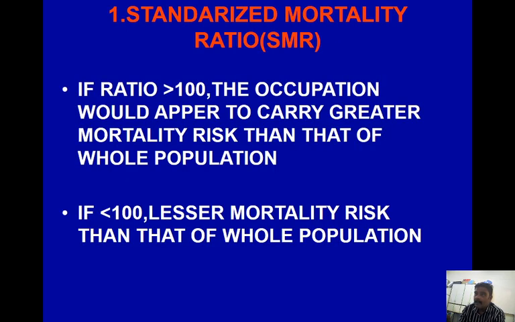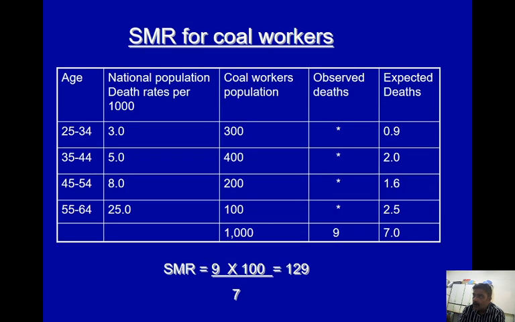So this means that the occupation would appear to carry greater mortality risk than that of the whole population. So coal mining has a higher death rate compared to the normal population, 129.